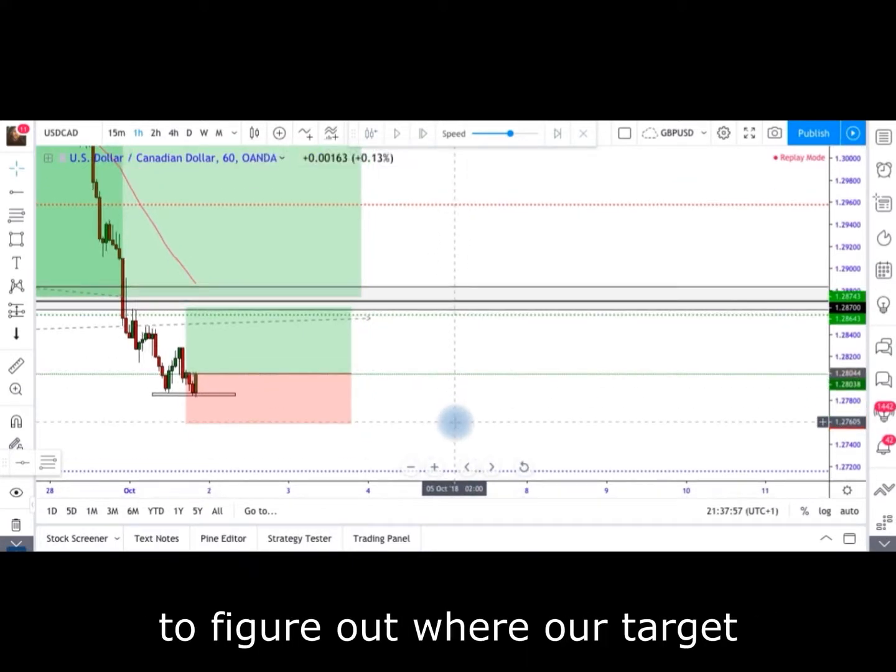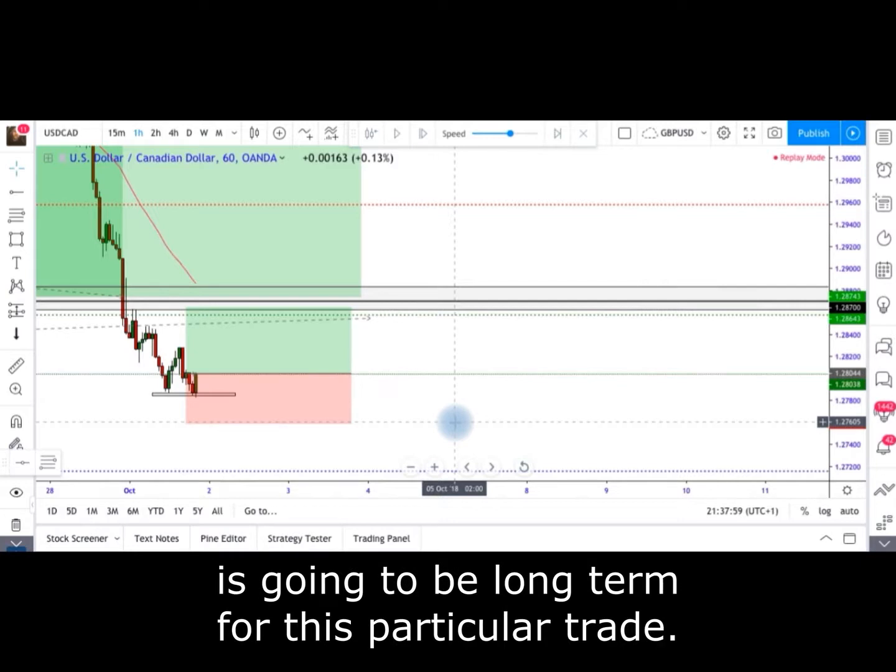And we have to now scale back out to figure out where our target is going to be long term for this particular trade.